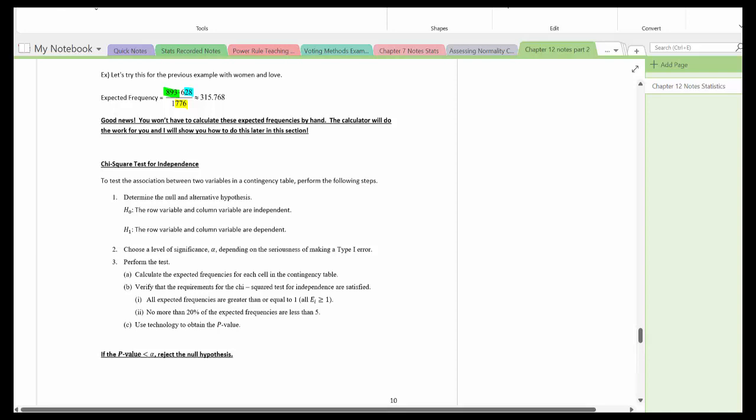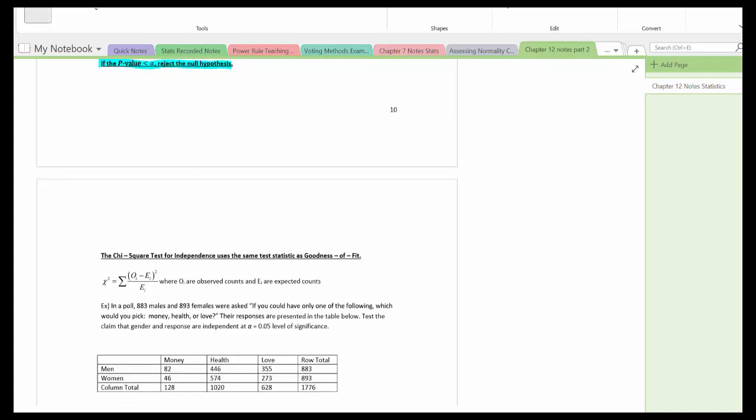We want to calculate the expected frequencies for each cell in a contingency table. With that, we need to verify that the requirements for the chi-square test for independence are satisfied. And they look almost identical to the goodness of fit requirements we talked about earlier. If the p-value is less than alpha, we will reject the null hypothesis.